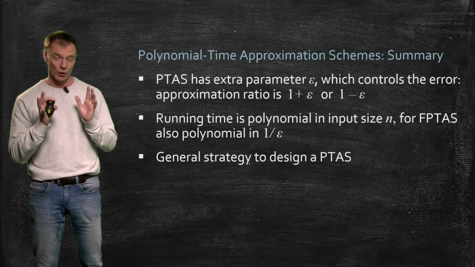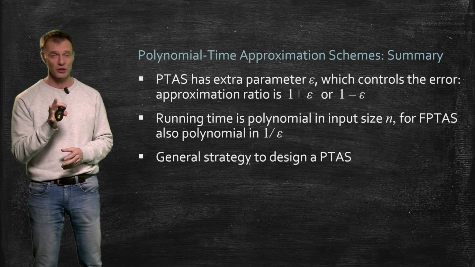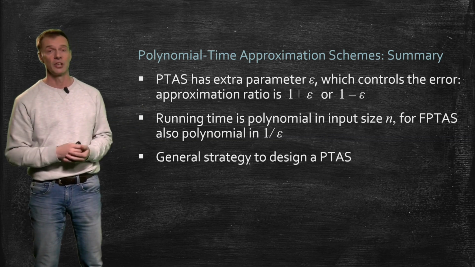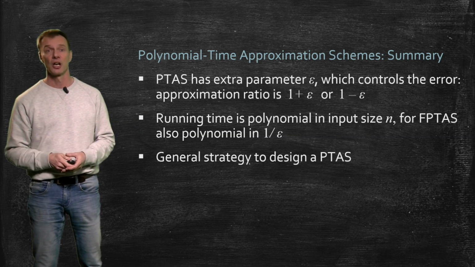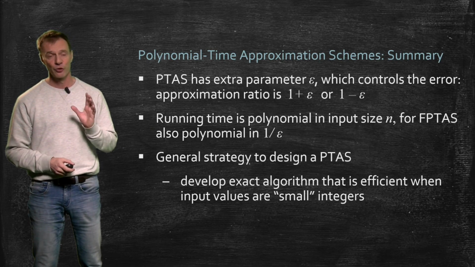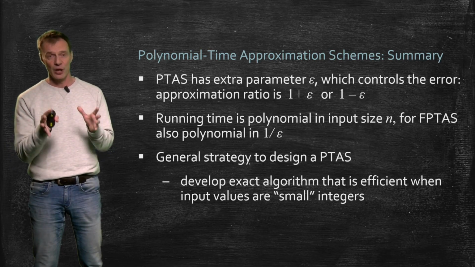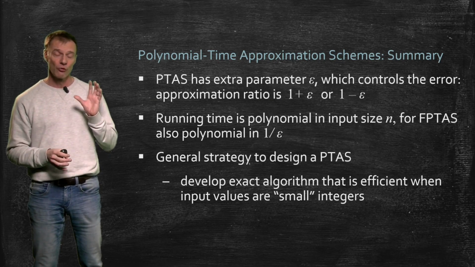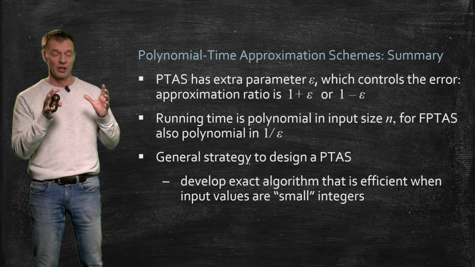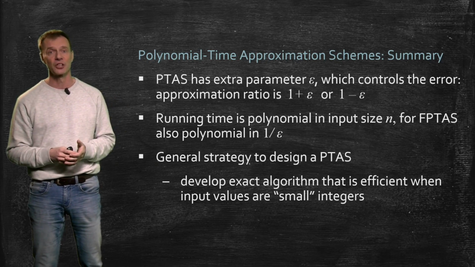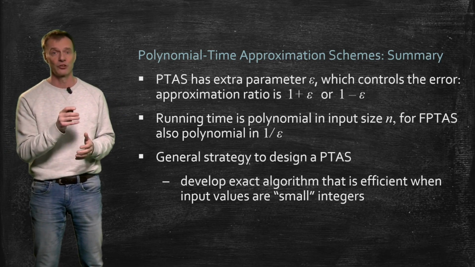Okay? And what we also saw is a general strategy to design a PTAS. It doesn't work for all problems, but it's not only the knapsack problem where it works, but actually a number of other problems as well. So what is the general strategy? Well, first you want to develop an algorithm which gives an exact solution, so an optimal solution, for the special case where the values, whatever that means in your particular problem, where these input values are integers.